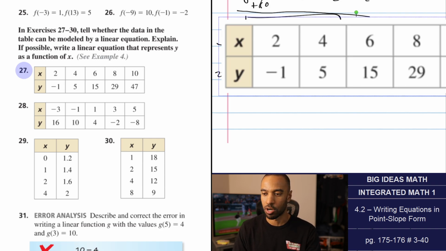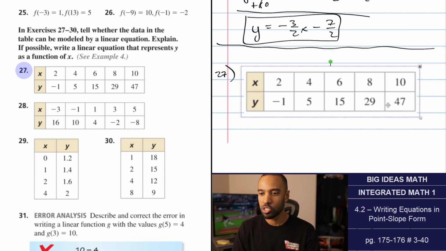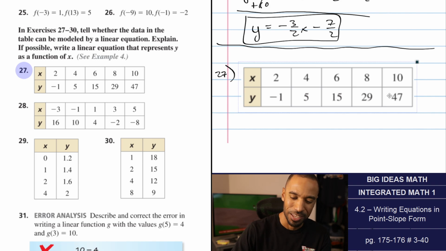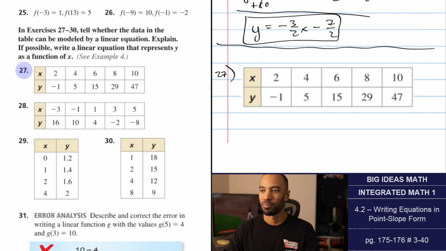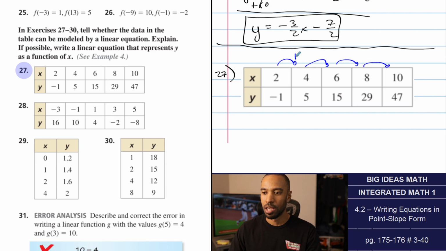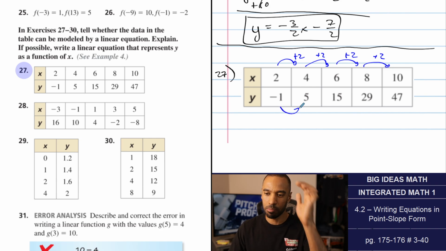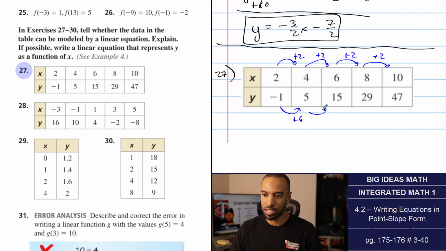But I'm sure they're going to start us off with something that's linear. Actually, I'm not so sure. So the very first one, x's are increasing. I mean, look, this is something we did in chapter 3, but x's are increasing by 2s, a constant amount. Our y is increasing by plus 6, plus 10, plus 14, plus 18.